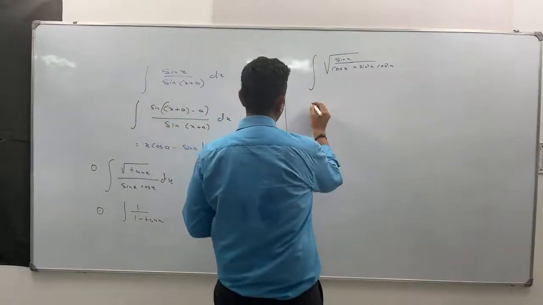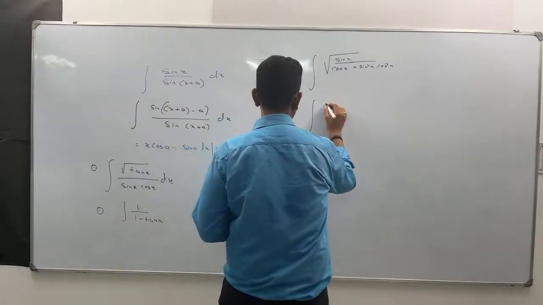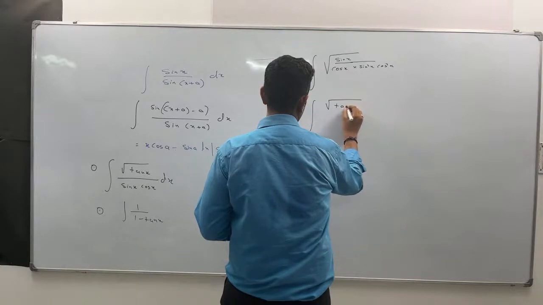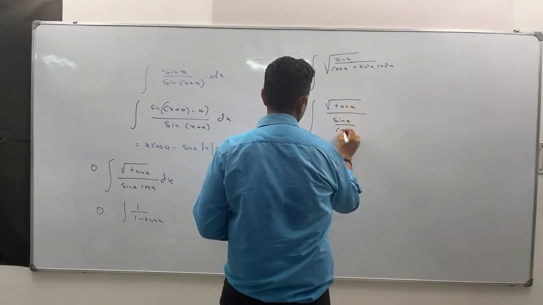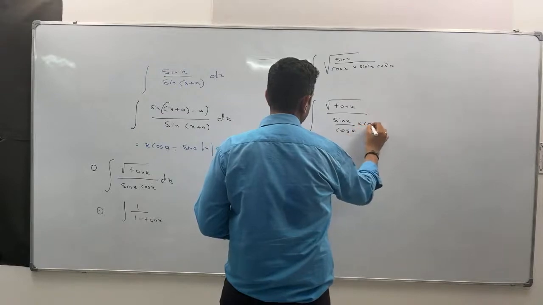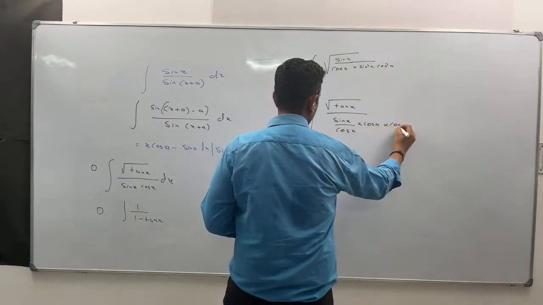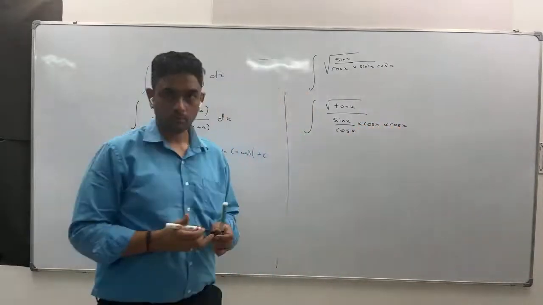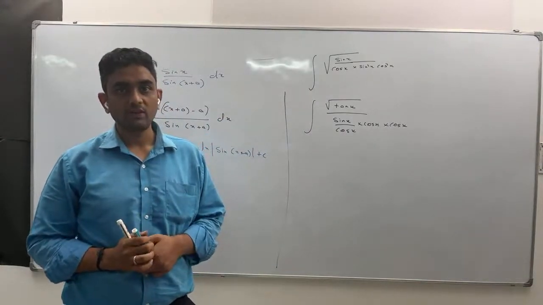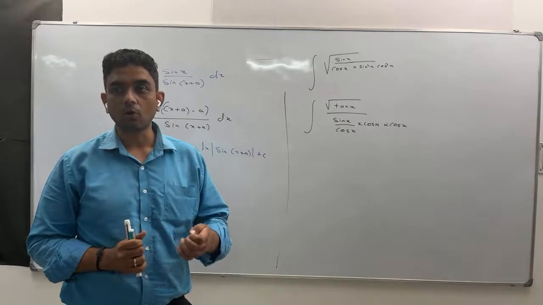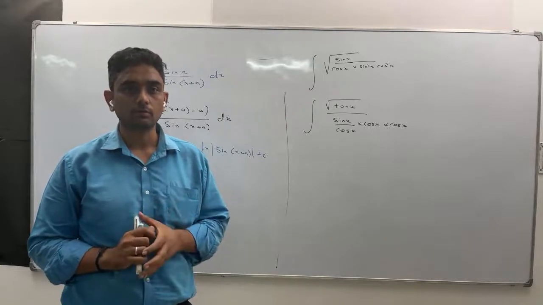You can write like this or you can do this. Okay, I'll give you a hint. Look at it over here and tell me now, can you do anything? We have multiplied and divided with cos x in the denominator.